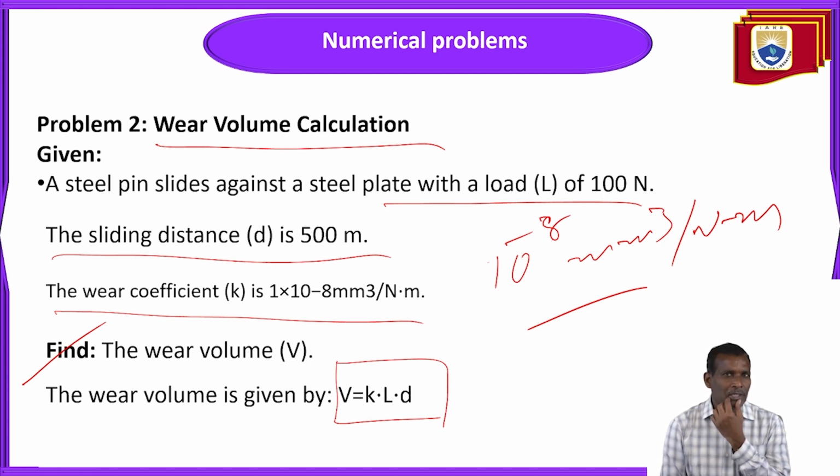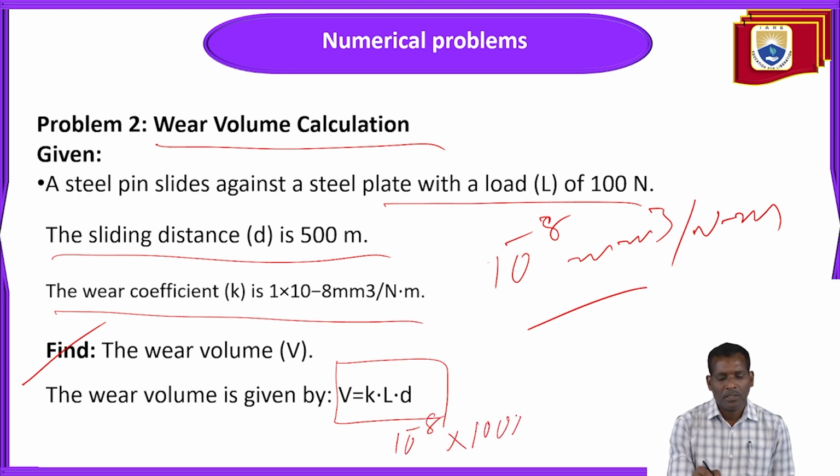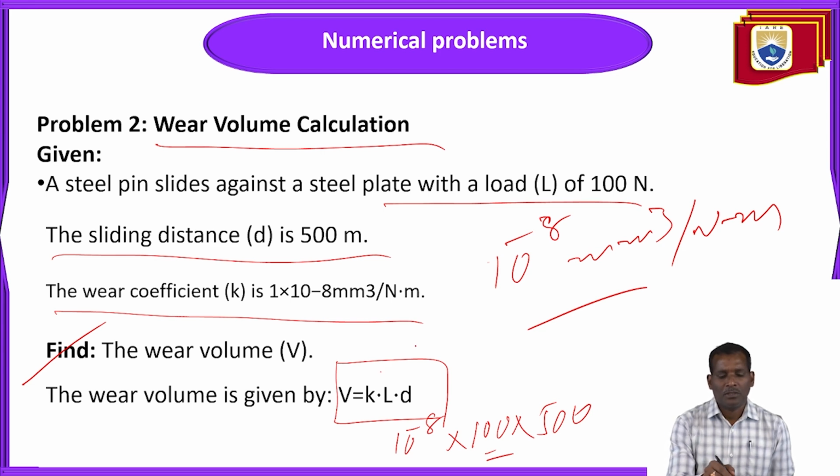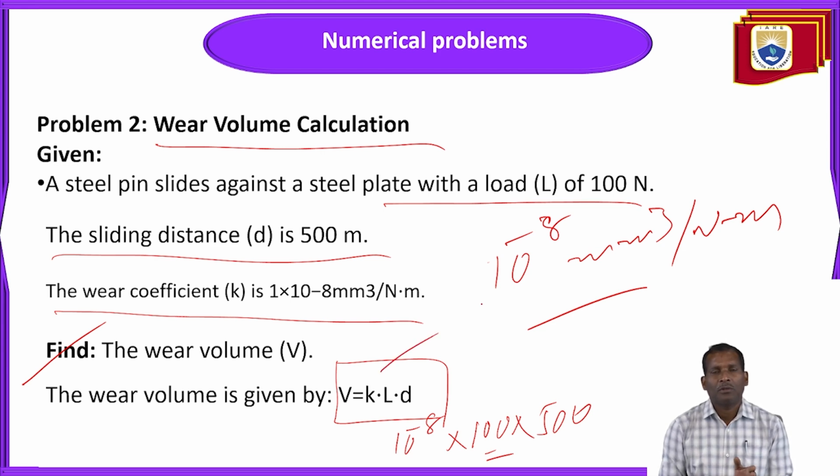The wear coefficient is given. Now calculate the wear volume. V is equal to K, so 10 to the power minus 8 multiplied with the load 100 newtons multiplied with the distance. You only need to substitute the values in the wear volume formula, but you should know this formula. If you don't know this formula, you can't calculate.